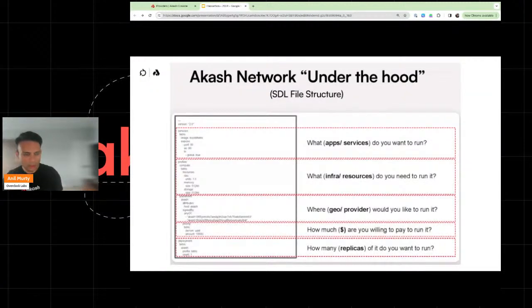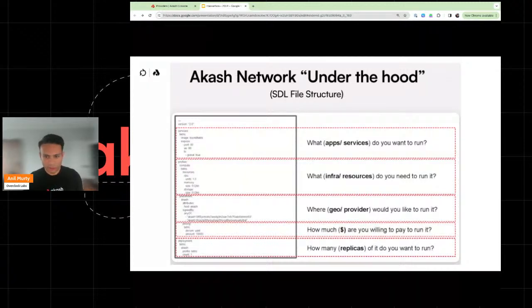Awesome. So I talked about SDL, the stack definition language file. Here's a quick run through on what an SDL file looks like. For those people that are familiar with infrastructure or have done Docker and Kubernetes in the past, this should look very, very familiar. Essentially, this is very much like a Docker Compose file, and it has 4 or 5 sections to it.